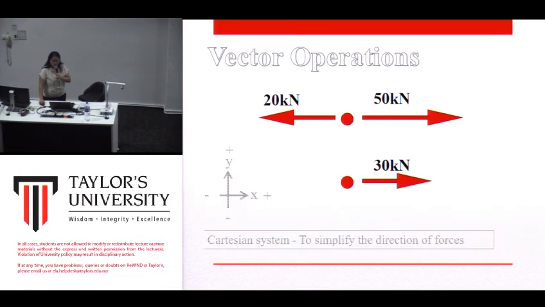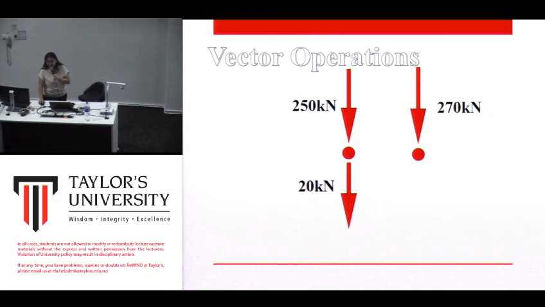To simplify things, we use the Cartesian system, the xy system, to indicate the direction. If it is in the positive x direction, then it will be positive. Negative x, then it will be negative. Upward y will be positive. Downward will be negative.